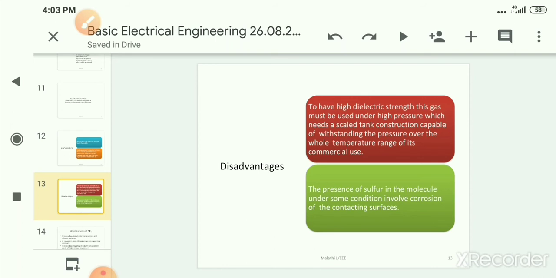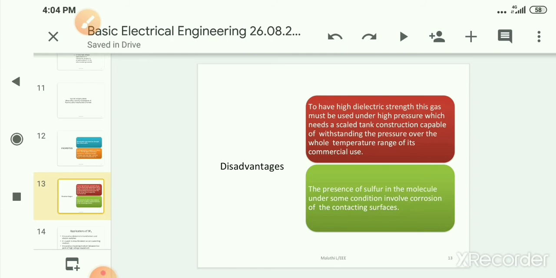The presence of sulfur in the molecule under some conditions involves corrosion of the contacting surfaces, and sometimes its properties are affected by moisture also, and its density is also high compared with air, and it is completely costly, and sometimes it is affected by moisture also.